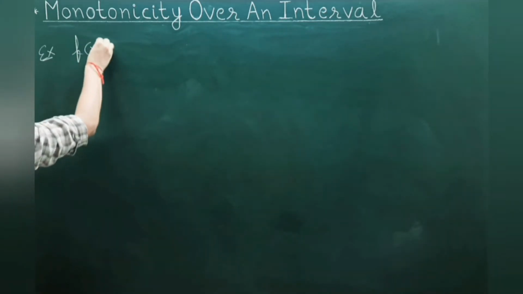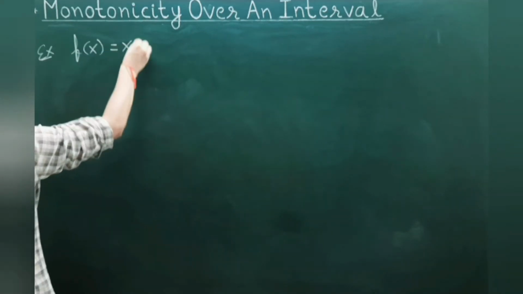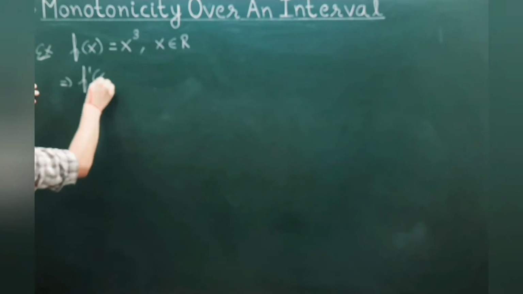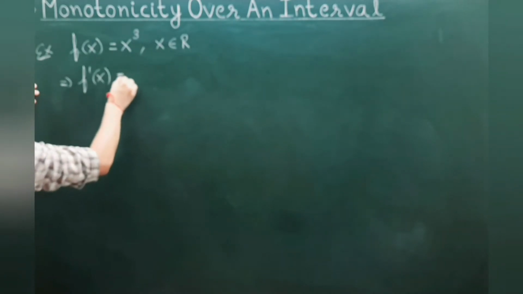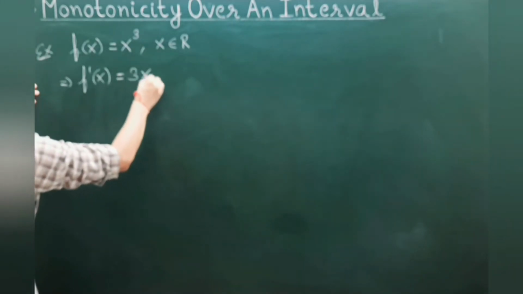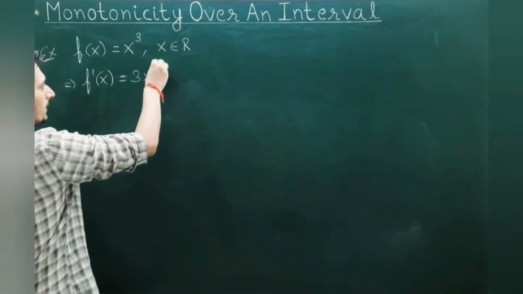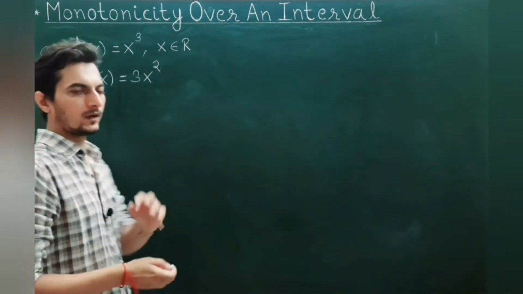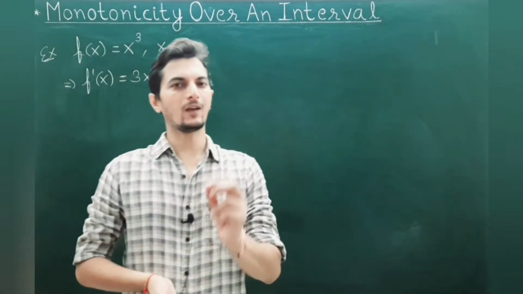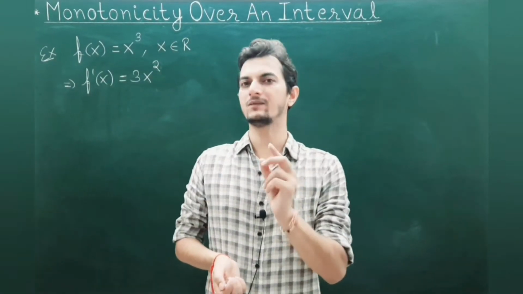Okay, so consider this example. f(x) equals x cube, whose domain is all real, that is x can take any real value, and if I look at its derivative, f'(x) is 3x square, and you can clearly see that 3x square is always greater than 0 except at one discrete value of x, which is 0.